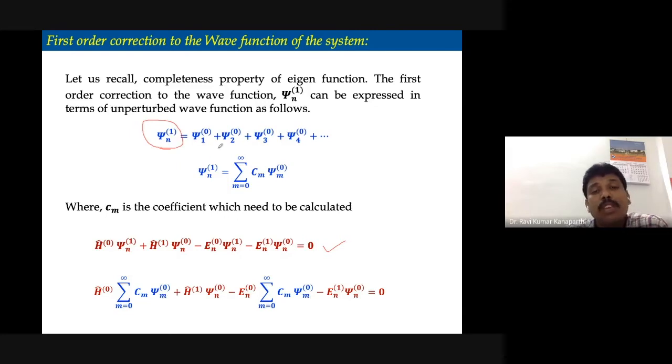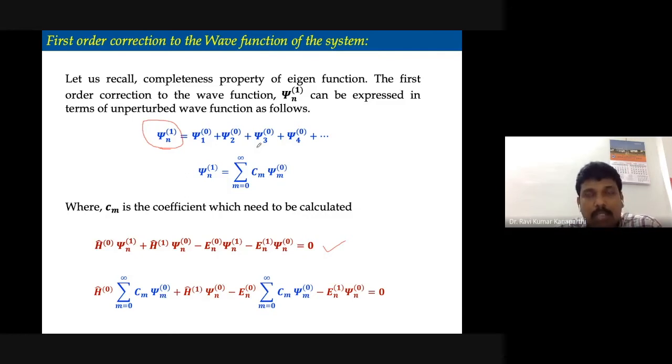Now this may be expressed as a series, where we use the property of completeness. The unperturbed wave functions of the system form a complete set.